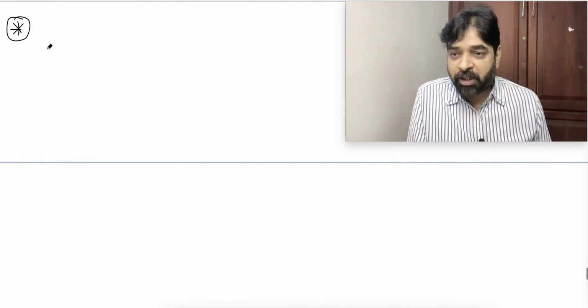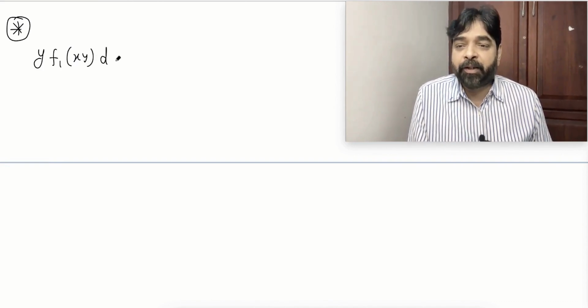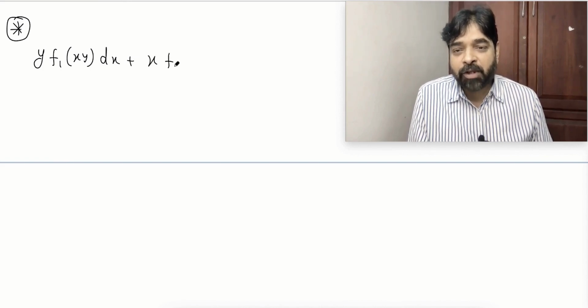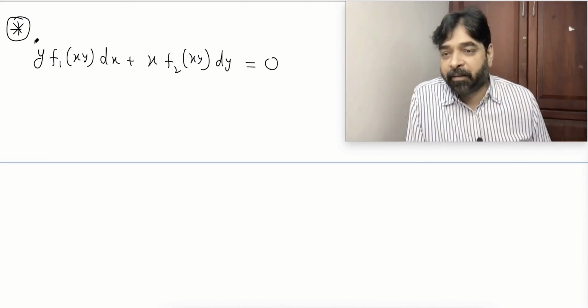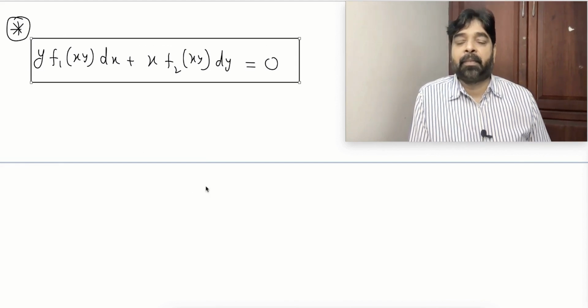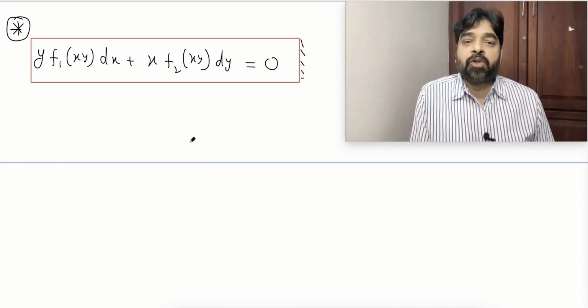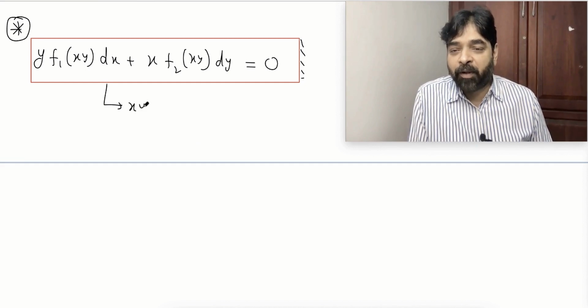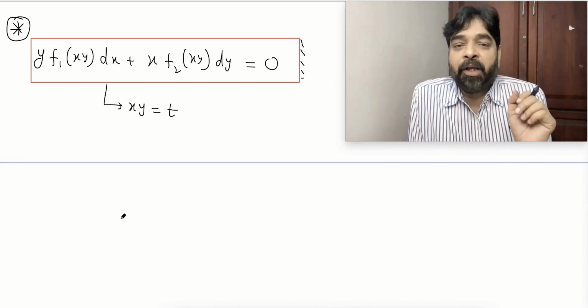Whenever you find a question in this format, y into some expression of xy into dx plus x into some other expression of xy into dy is equal to 0, especially in this case, put xy equal to t, and you will get the answer.